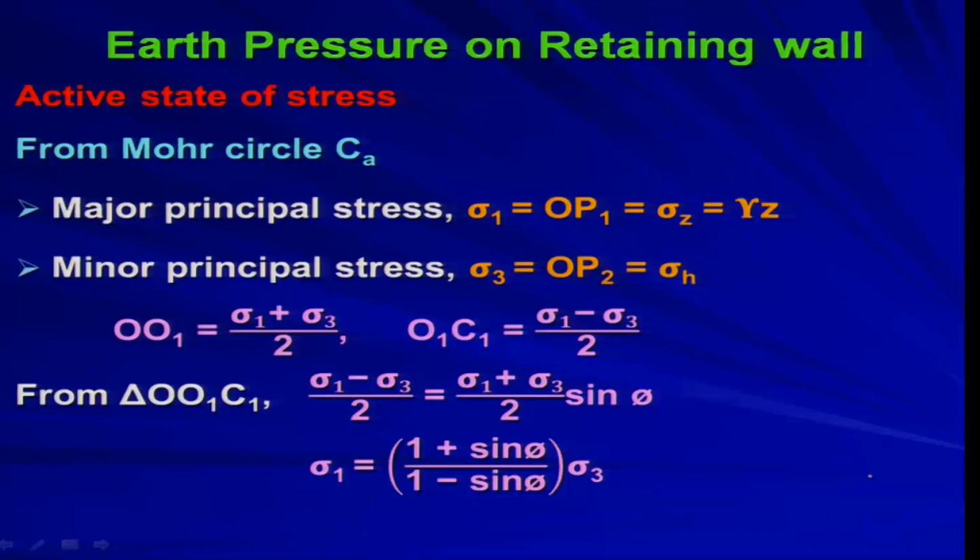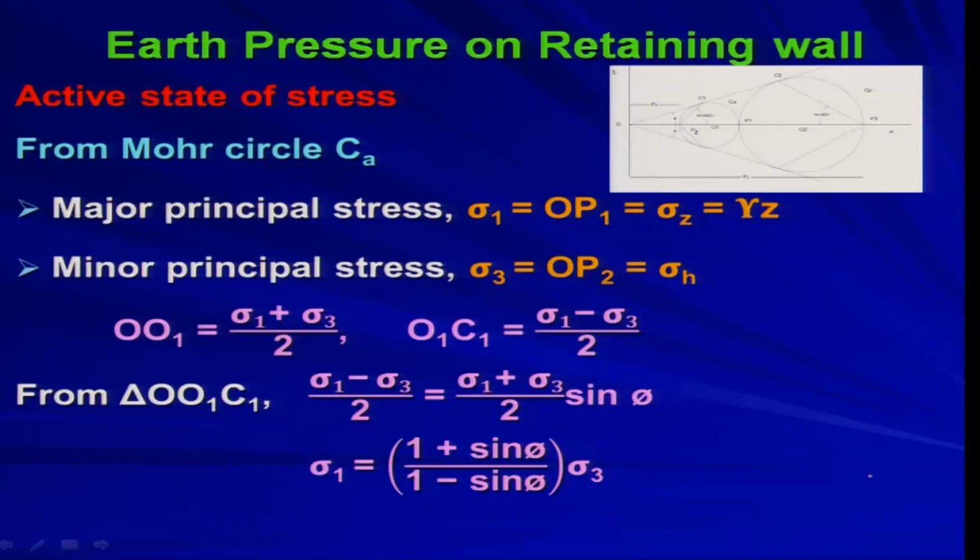So, in case of active state of stress, from the Mohr circle Ca, as I told you, the major principal stress sigma 1 is equal to OP1. O is the origin and P1 is this point.